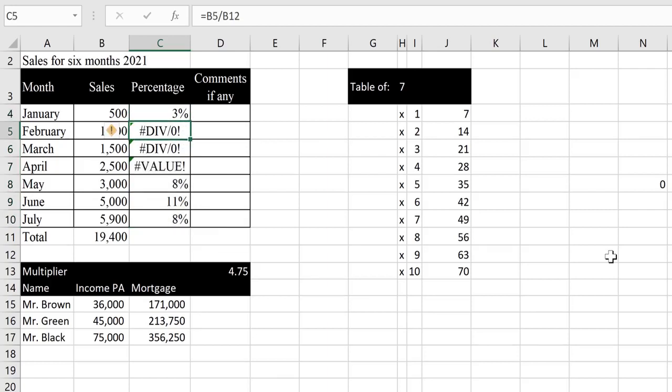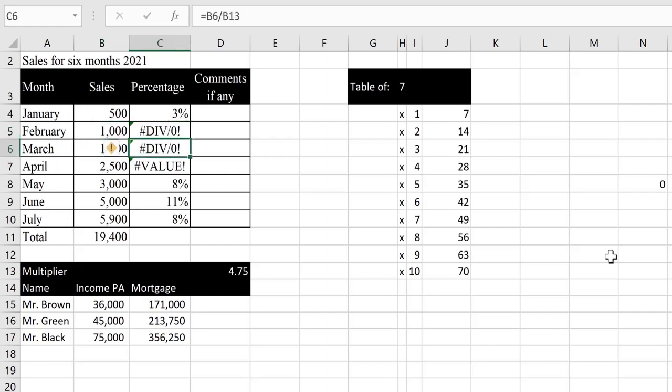Relative cell reference means B5 is divided by B12. B12 is empty, so it shows division by 0. Whenever a figure is divided by 0, it becomes infinity, so infinity in this case means error.